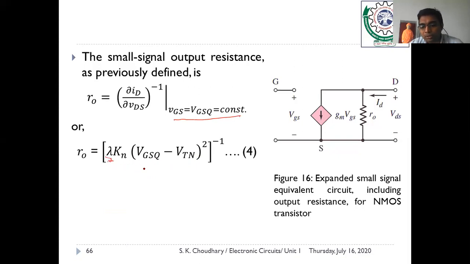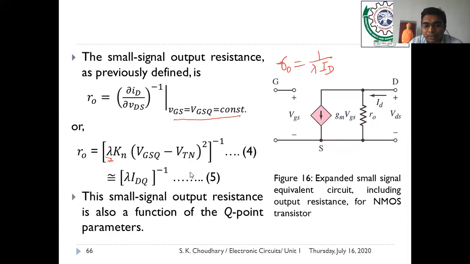Okay. So you can also write this equation as R naught is equal to (lambda ID) to the power minus 1, or you can also write it as R naught is equal to 1 upon lambda ID. Equation 5 could also be written like this. So here the output resistance R naught is inversely proportional to the current.